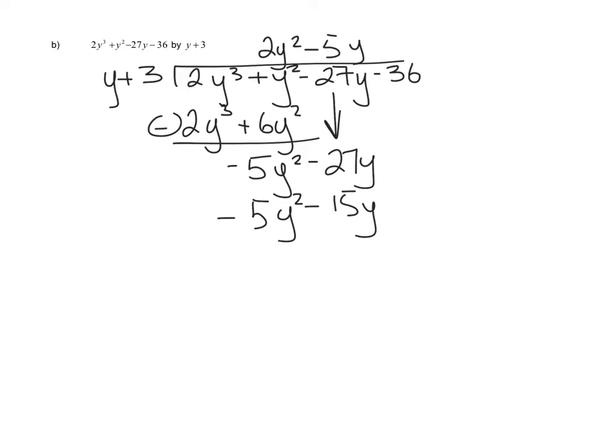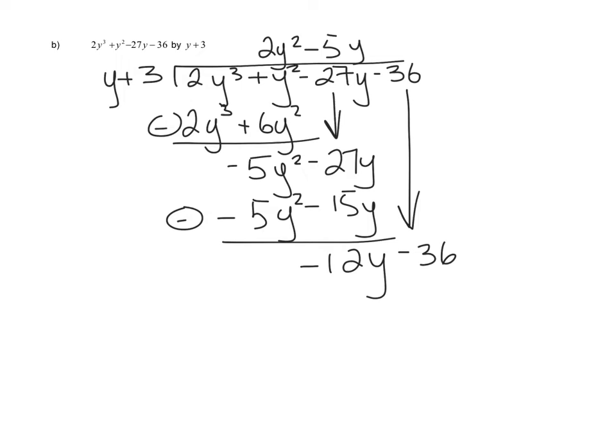So what did I do to get that again? I took this number times the y plus 3, and I end up getting this. Subtract. When I do that, I will get the 0 there, and then negative 27 minus negative 15. That will be negative 12y. Bring down the negative 36.